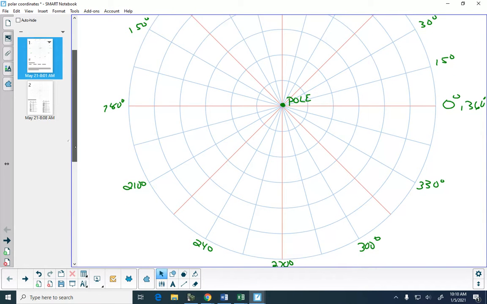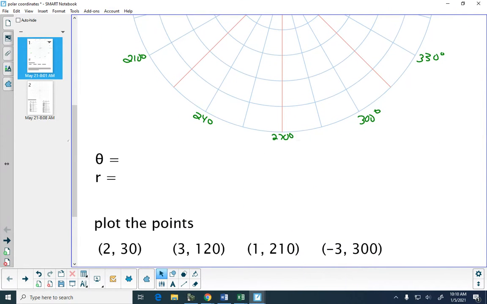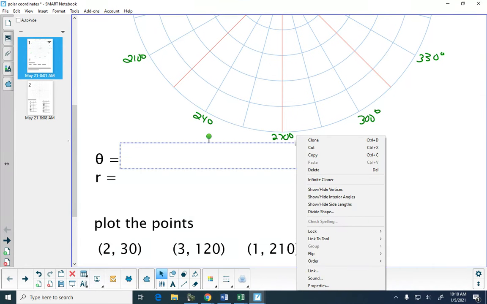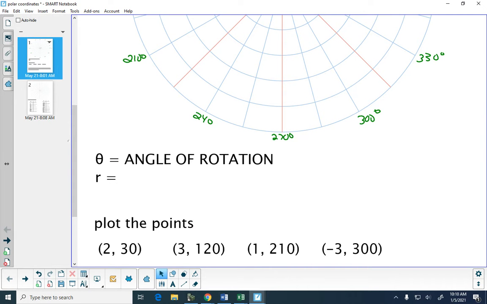So if we take a look, we have two values that we have to deal with. We have a value of theta, which is an angle of rotation. What is our angle of rotation about the pole? And then we have this R value.